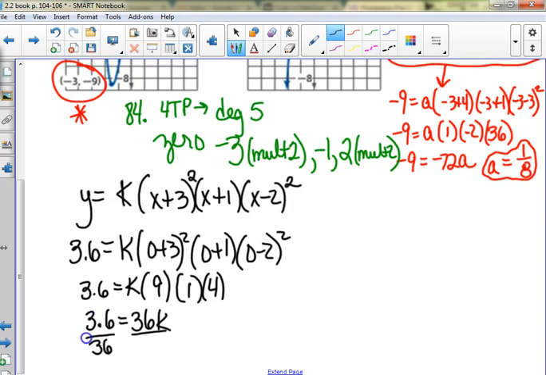Divided by 36, and we get, nope, we're trying to get K by itself, right? This is 36 over here.